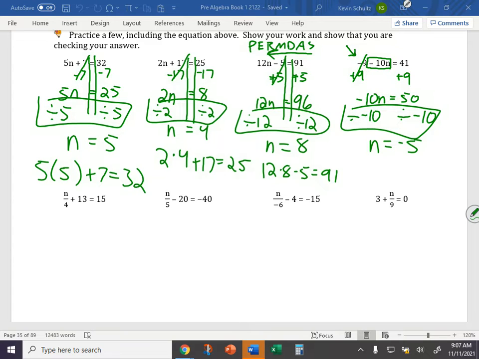Multiplication, okay? We still start with that number without the variable. We still start with that constant. Our first step here is going to be to subtract 13. That first step doesn't change. It's just what operation is being done, what undoes that. So then we get n divided by 4 equals 2. Okay, question?